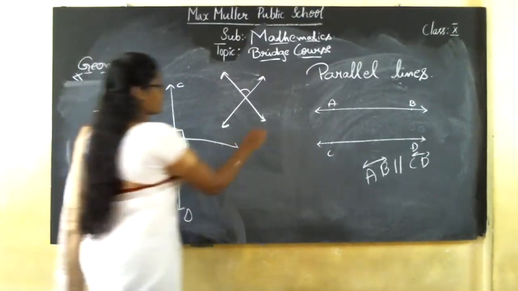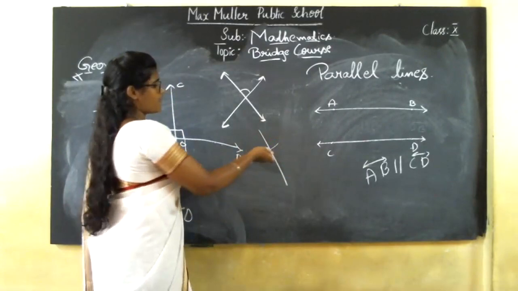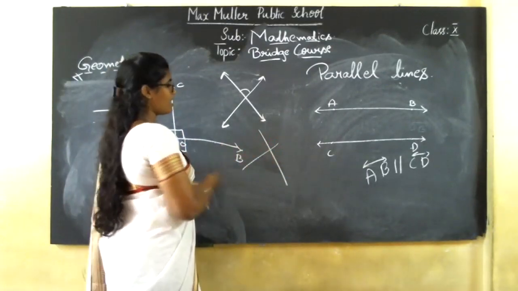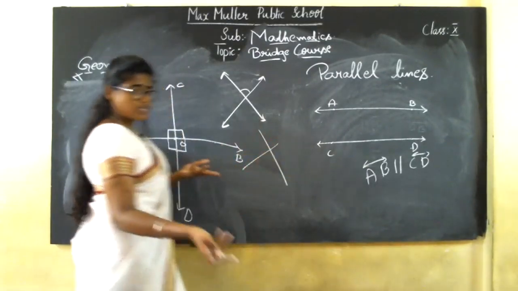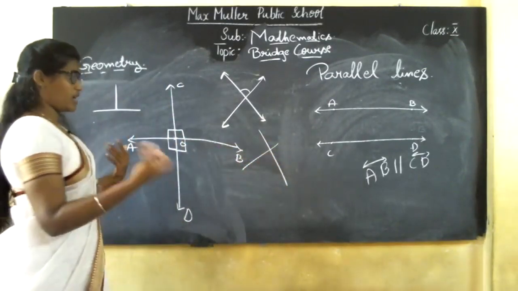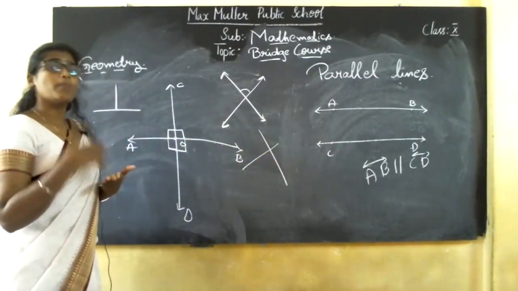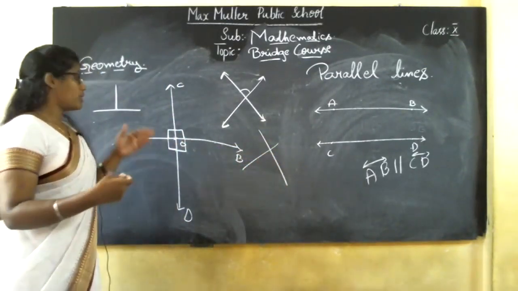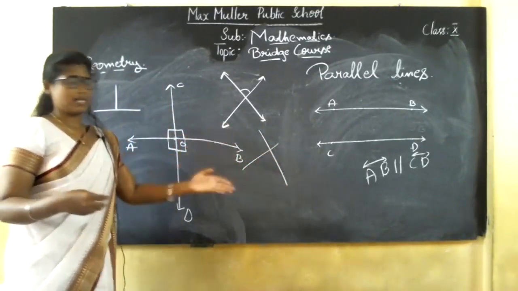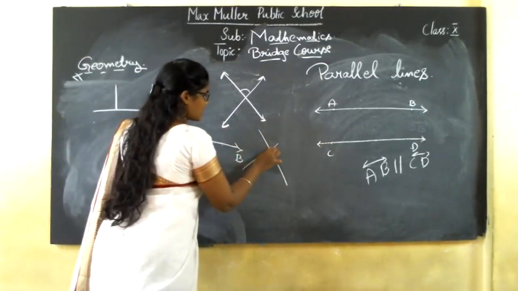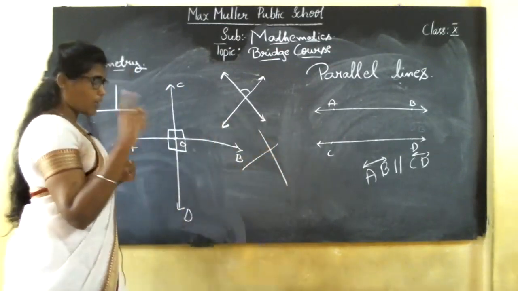Okay, now if I draw a cross, if I measure it, it is not 90 degrees. Why? It is of different measure. If it is of different measure, you cannot say it is a perpendicular line. You can say it is only an intersecting line. Why? Because it is intersecting at one particular point.